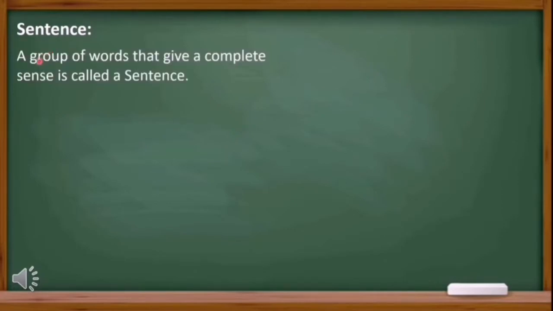Students, to know rearrangement, you need to know what a sentence is. So, what is a sentence? A group of words that gives a complete sense is called a sentence. Example: we speak English every day. Here, we is a subject, speak is a verb, English is object, and every day is an adverb.